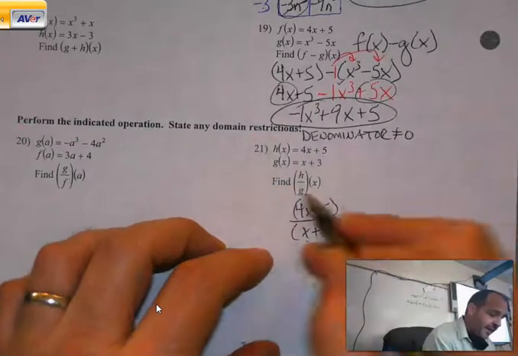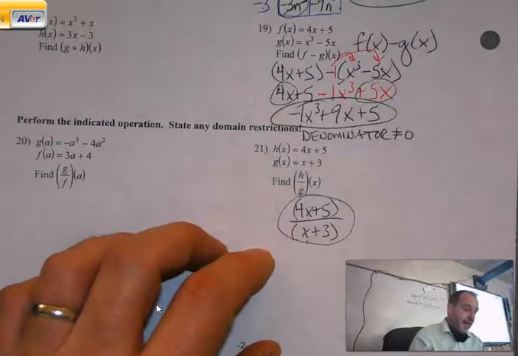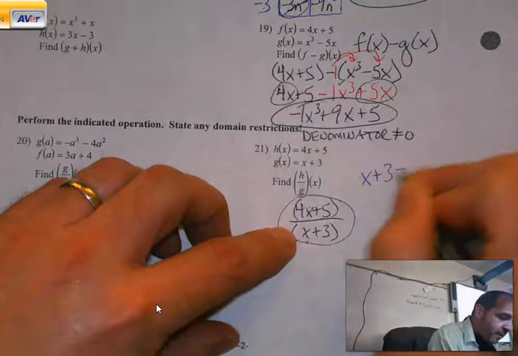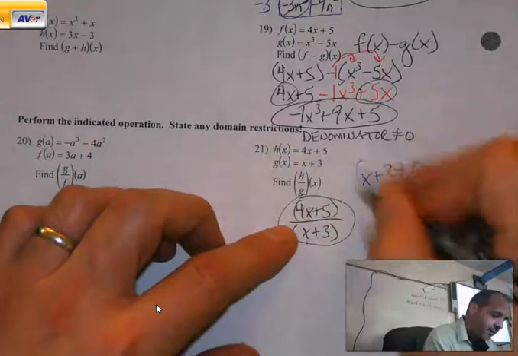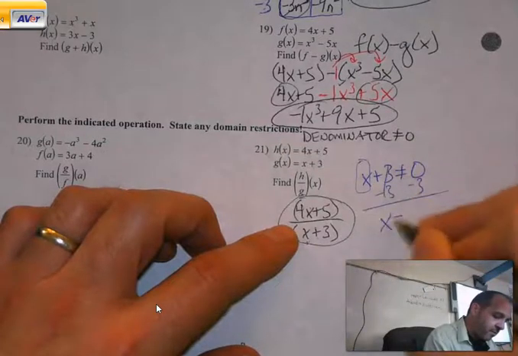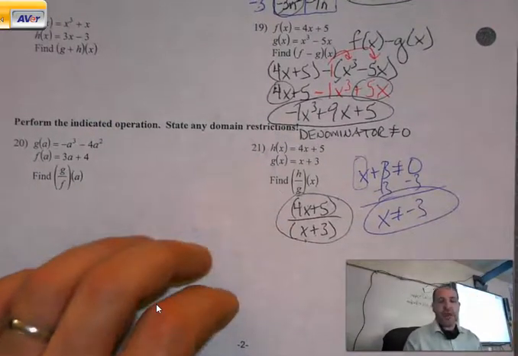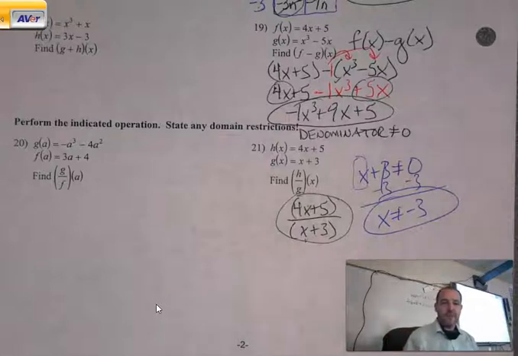So this is h divided by g, but the denominator can't equal 0. So we just solve the little one-step equation. And there is my domain restriction. X can't be -3. It can be anything else, but it can't be -3.